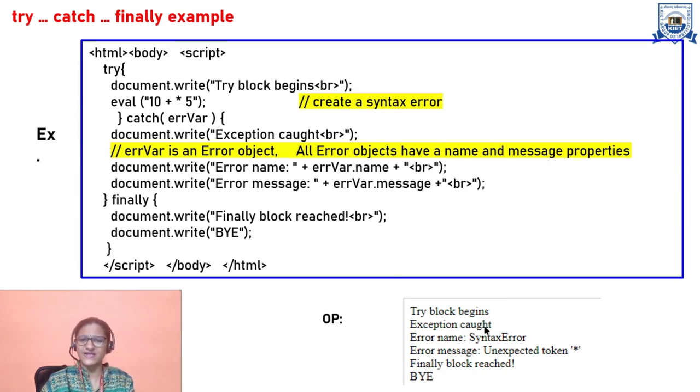This output will be generated: exception caught. After that, we have tried to display the error name. It will be taken out with the help of this object, err dot name. So it has given you the syntax error, and the message associated with that object is unexpected token, this asterisk mark. After the catch block is executed, the finally block will definitely get executed, where we have written the finally block reached end message.